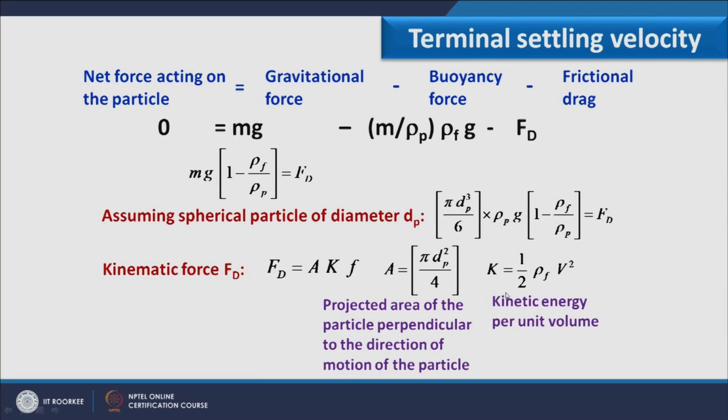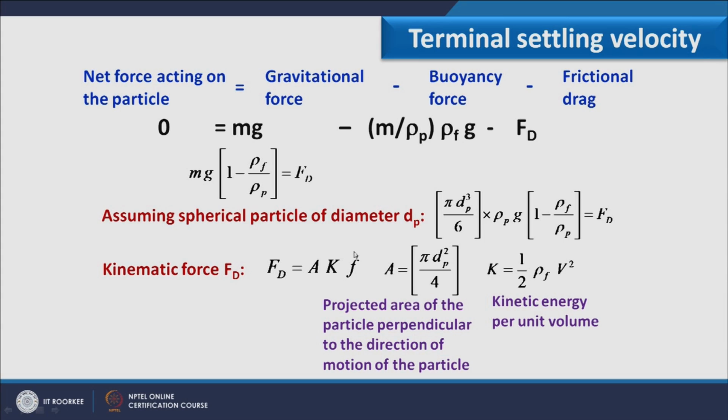K is the kinetic energy per unit volume, and it is equal to half rho f v square. That is nothing but half mv square, but per unit volume, which is why we have used the density term. And f is a factor, which we can represent as small f subscript d, the drag force.